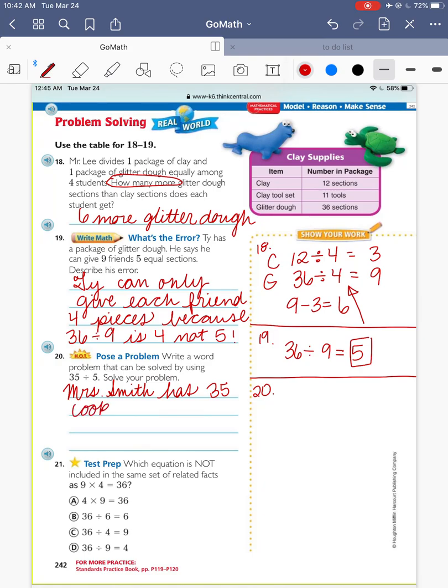cookies. She wants to give them to her neighbors, to 5 neighbors.